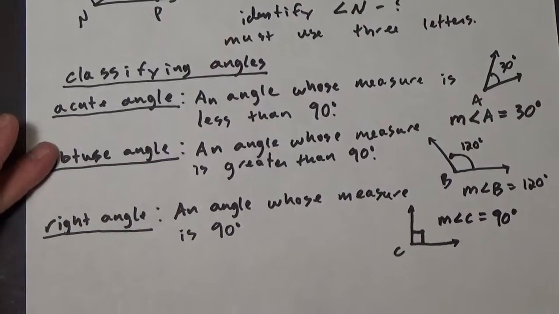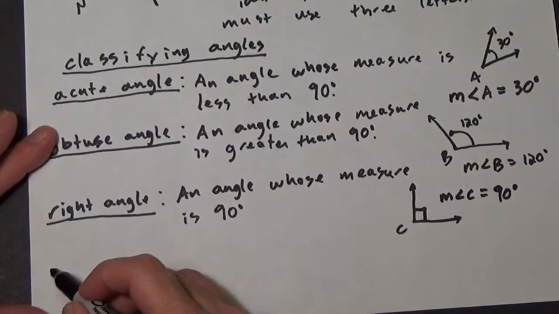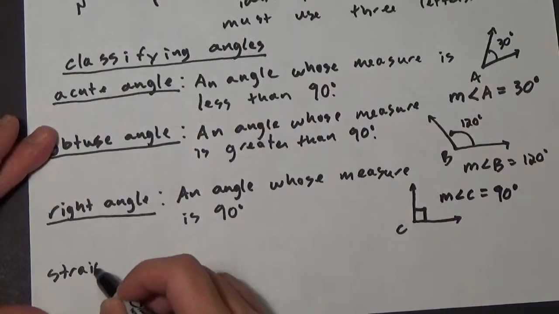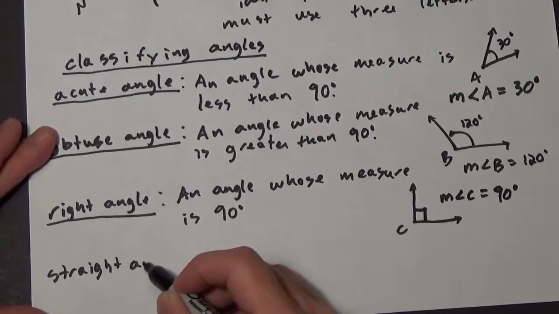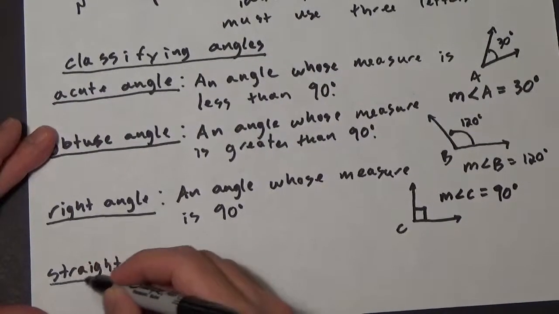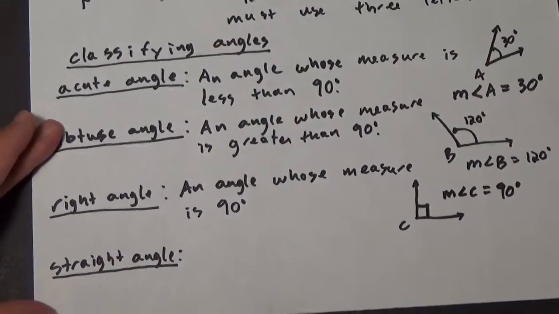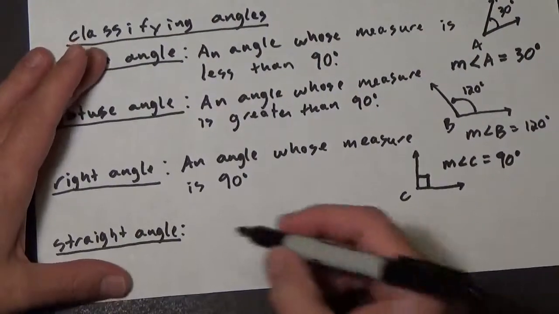The last one is a straight angle. This is an angle whose measure is 180 degrees.